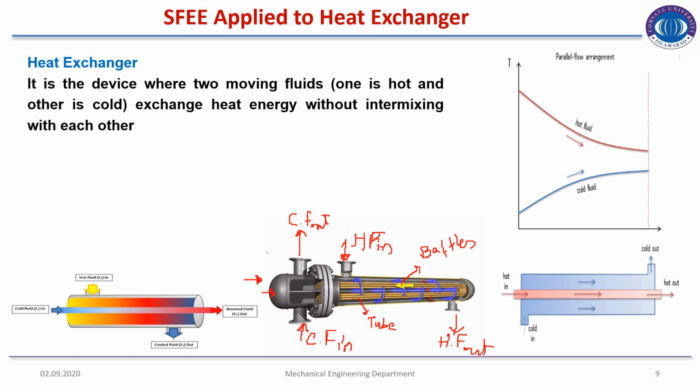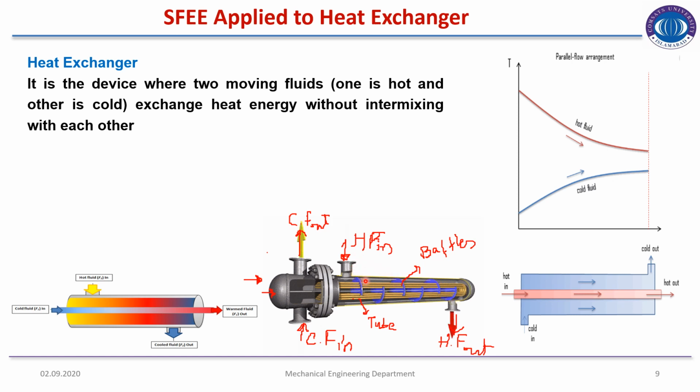You see that hot fluid is entering from above, moving in a U-type heat exchanger. There are two portions: tubes, and the other larger portion, the shell.